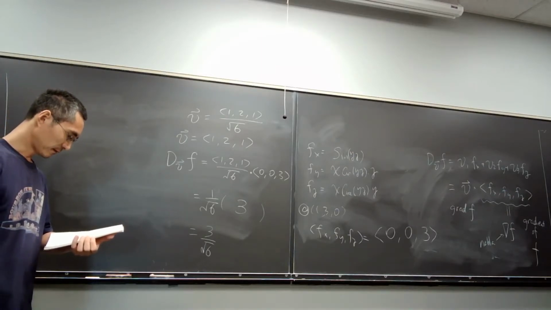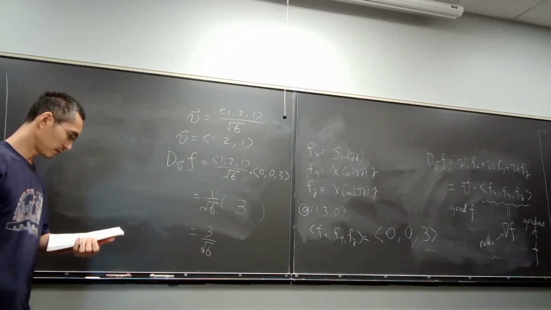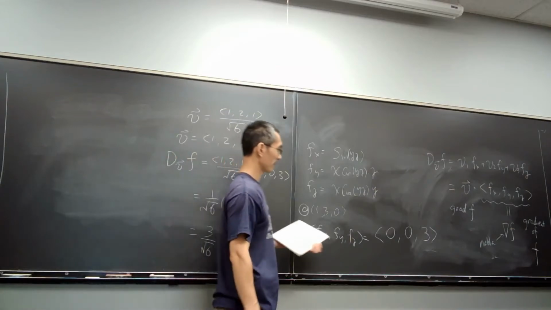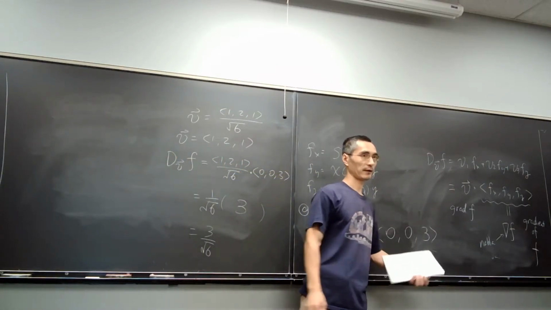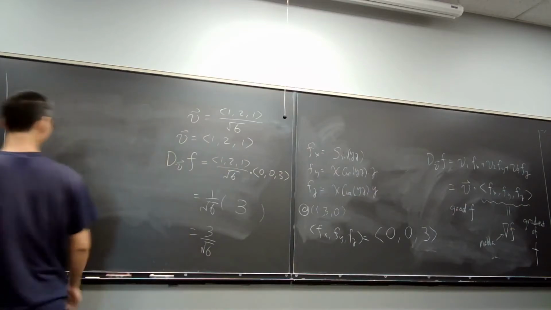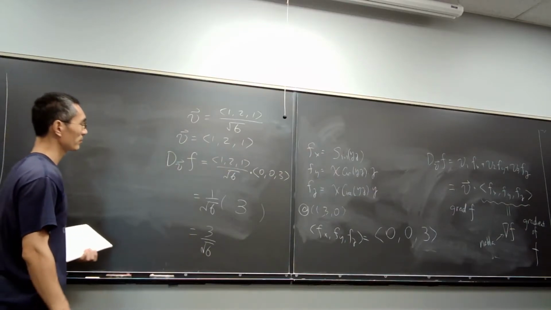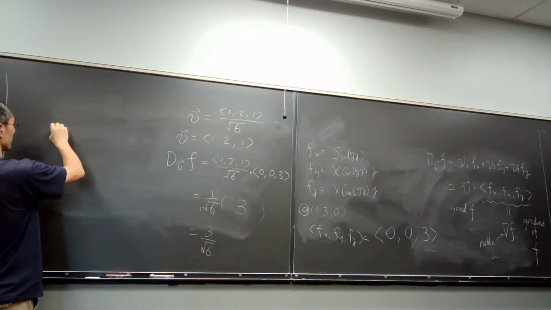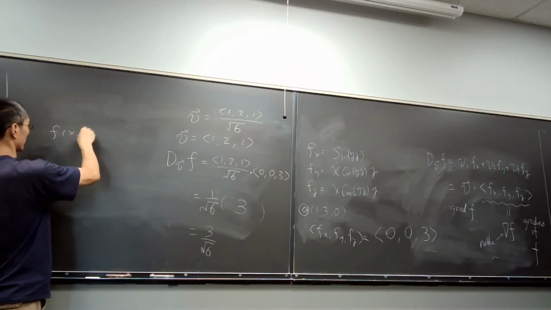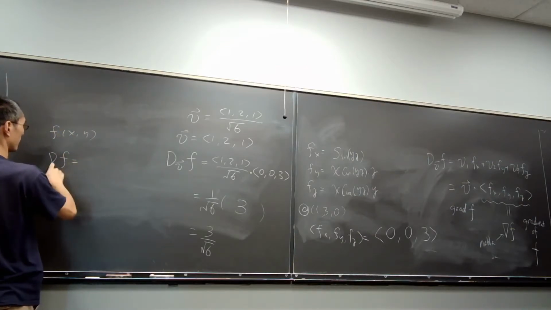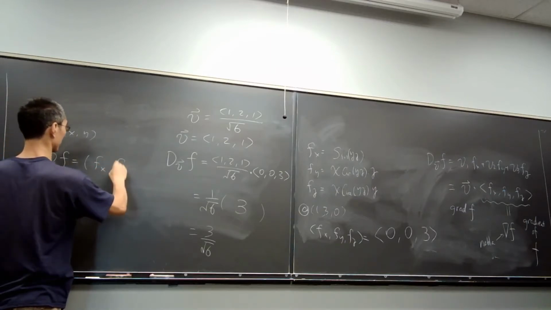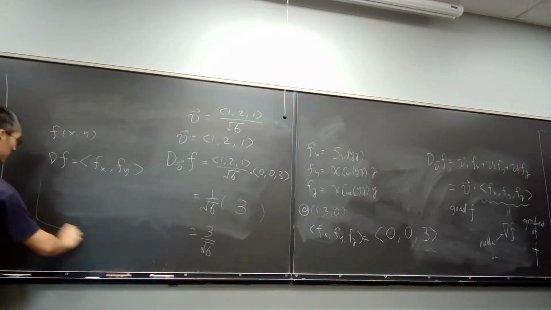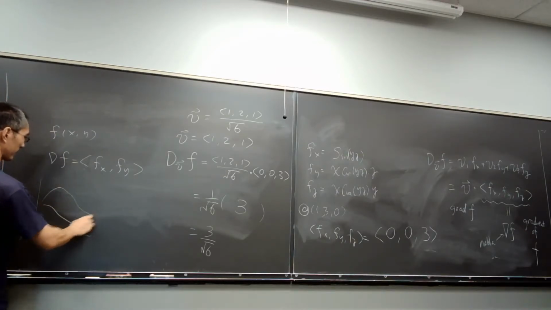Now let's see some geometrical meaning of this gradient vector. At each point, you have a gradient vector like here, right? Let me go back to 2D, it's a little bit easier to visualize. Say f is equal to xy, and the gradient of f would be fx, fy. Suppose you have a surface like that.